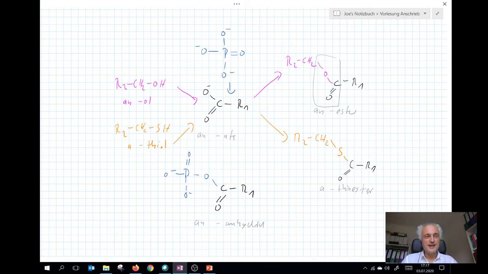Of course, in organic chemistry, you have learned way more, but these are the ones you should absolutely know. If a hydroxyl group reacts with an acid, it's of course an ester. If phosphate, which is an acid, reacts with the carboxyl group, which is an acid, this is an anhydride. In this case, it's a phosphoanhydride.